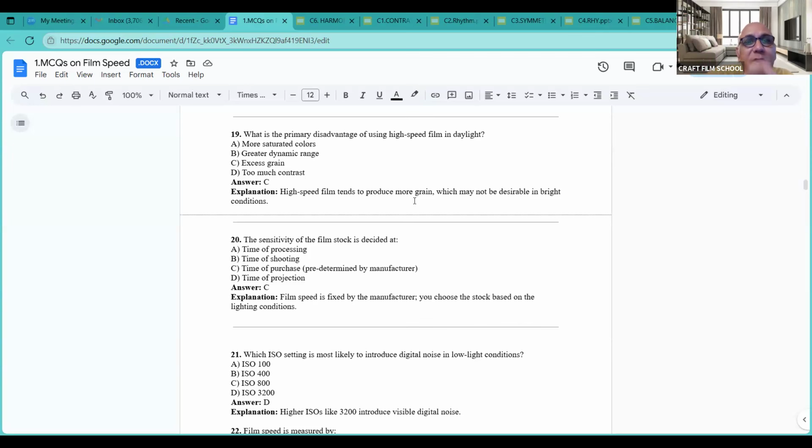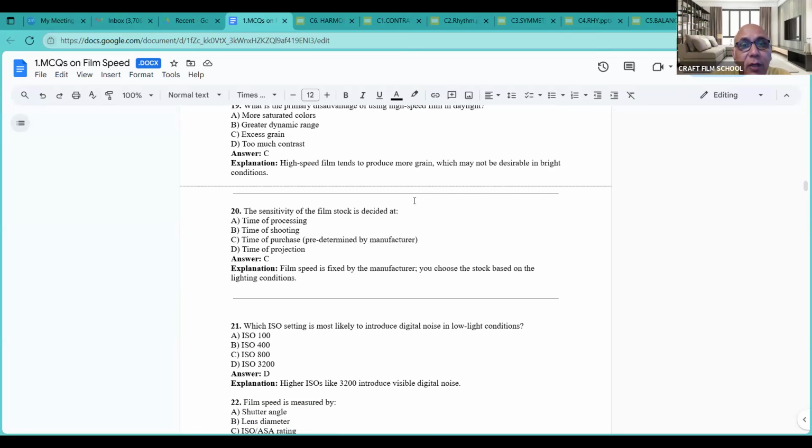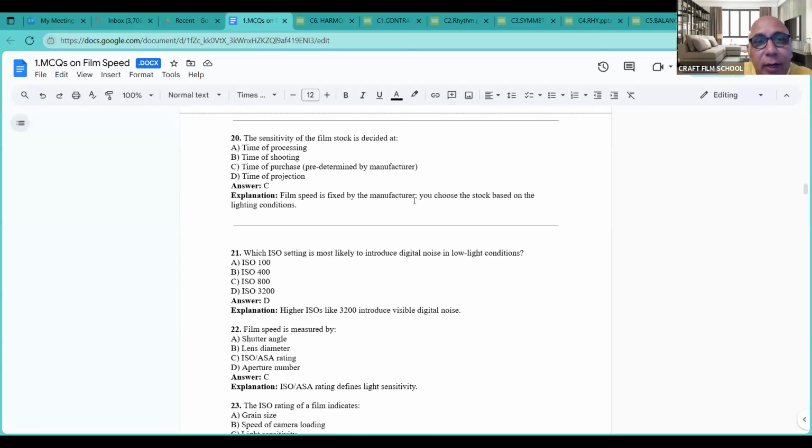So this is a very confusing question. How does it matter whether I use it in daylight or tungsten light? The only problem will be using a filter, if the film is tungsten balanced or daylight balanced, but here he is not talking about that. He is just talking about the ASA of the film. Interesting question. Remember it.